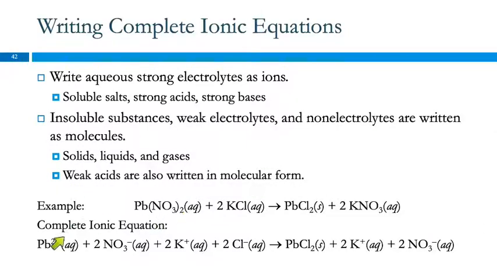So this is aqueous, so I'm going to write the two ions with their charges separately. Pb(NO3)2, there's a lead ion, and this 2 tells me there are 2 nitrate ions. It's not NO3 as a single ion. There are 2 of them, right?